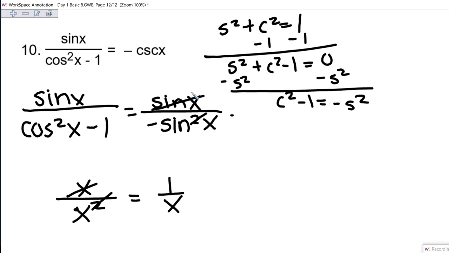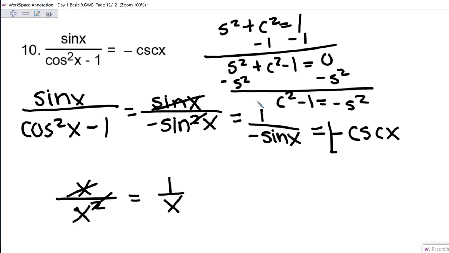So if everything cancels in the numerator, we're left with a 1 over negative sine of x. And 1 over negative sine of x is equal to negative cosecant of x. So we show that the left side is equal to the right side.